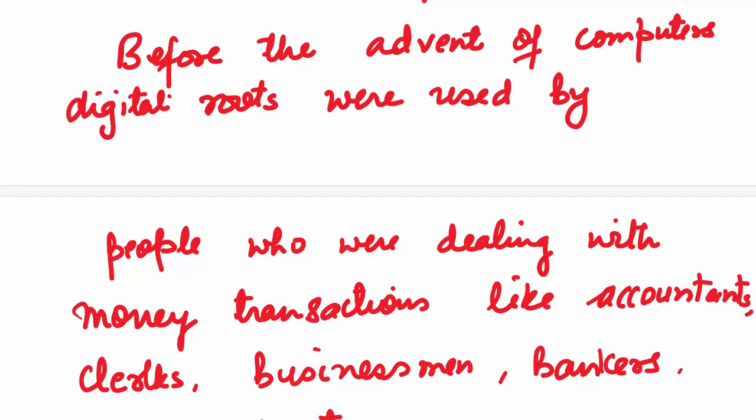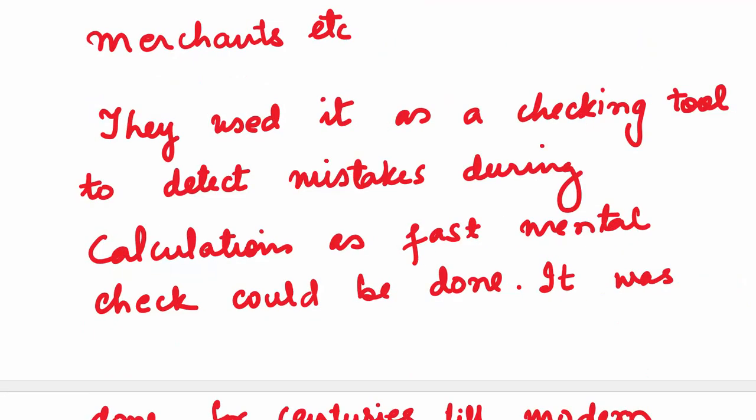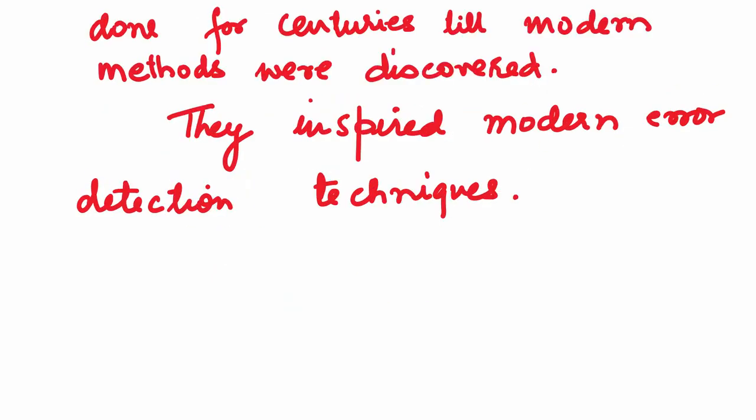Before the advent of computers, digital roots were used by people who were dealing with money transactions like accountants, clerks, businessmen, bankers, merchants, etc. They used it as a checking tool to detect mistakes during calculations, as a fast mental check could be done. It was done for centuries till modern methods were discovered. They inspired modern error detection techniques.